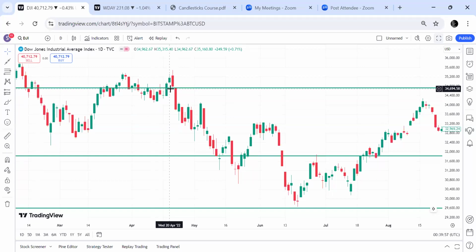When the market is down, if a bearish Marubozu candle forms, it indicates confirmation. For example, on 26th April 2022, a bearish Marubozu candle was formed, and the same on 29th April 2022.